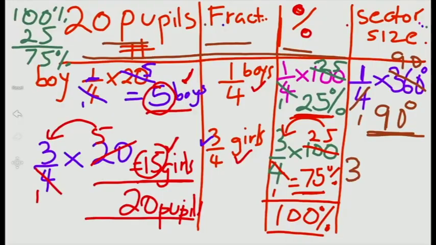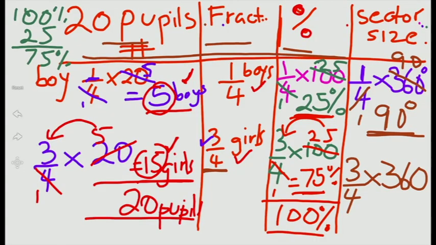I want us to look at the sector size for the girls. What you need to remember is the fraction that represents the girls in this classroom. 3/4 is the fraction that represents the girls. So we need to make use of that 3/4 to calculate the number of degrees that represent those girls in this classroom.